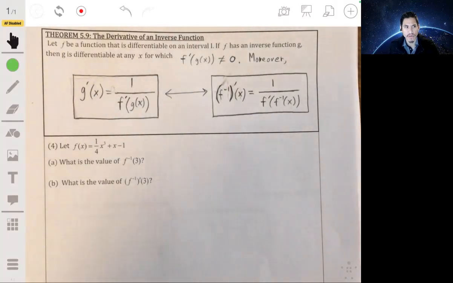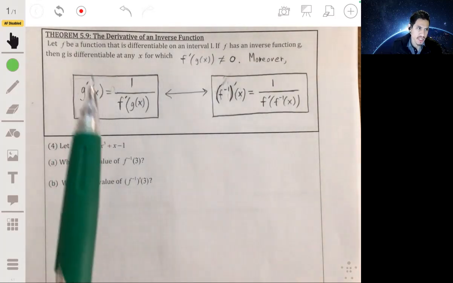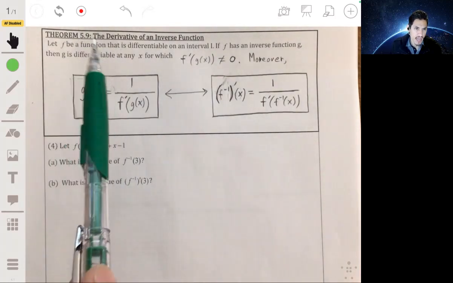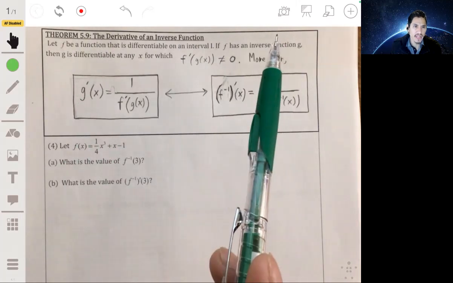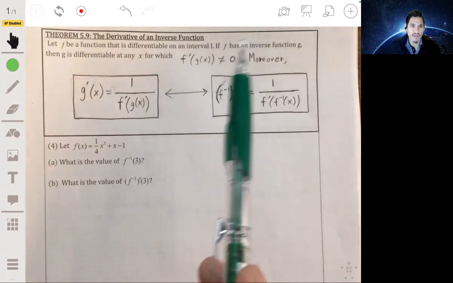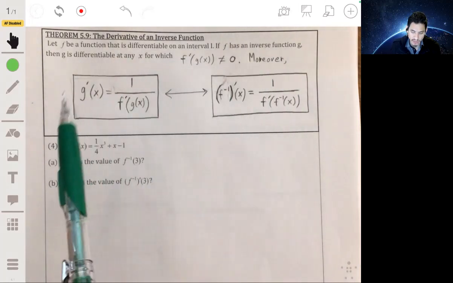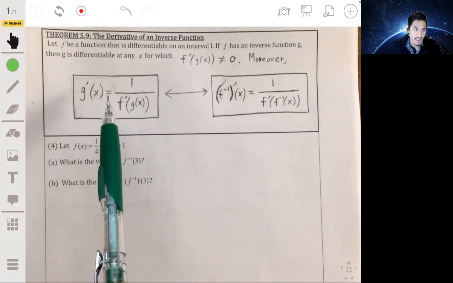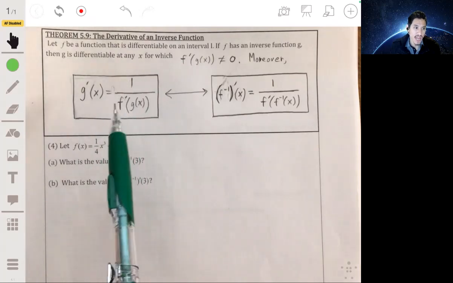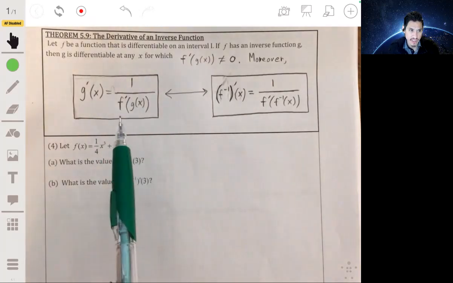Okay, so now we're going to go over an example of how we can find the derivative of an inverse function. For that, we're going to use this theorem, which says that if we have our function f and we define the inverse function of f to be g, then the derivative of g is equal to 1 over f prime of g of x.